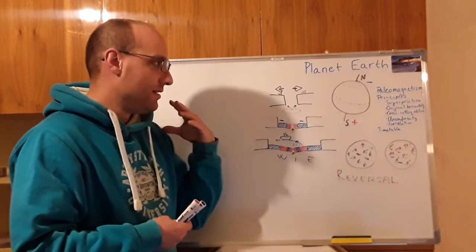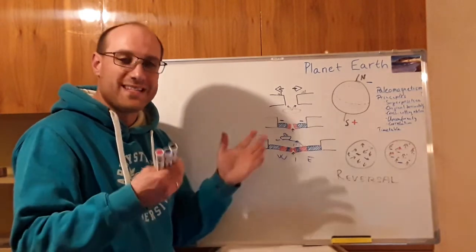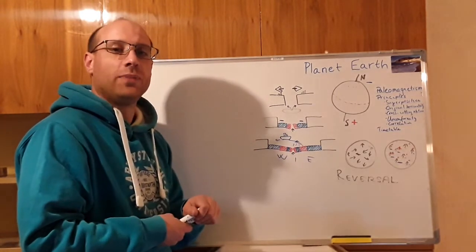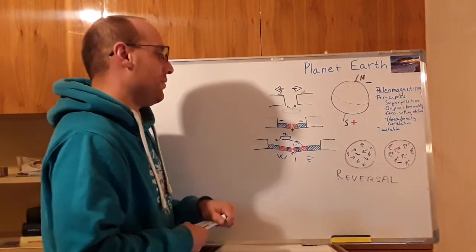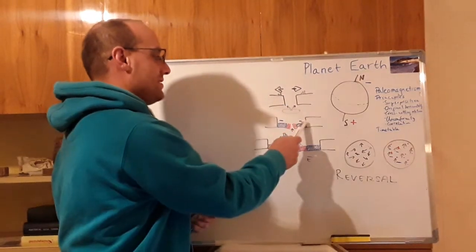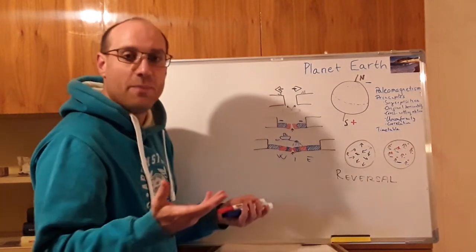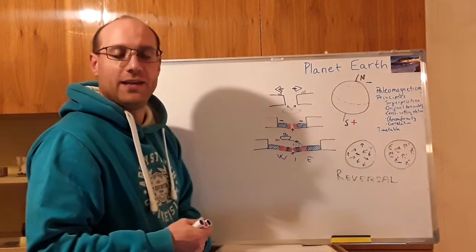So this is just to think about how this whole discipline or knowledge about plate tectonics developed with the help of paleomagnetism. That's why we have these negative and positive, like a battery, but we're not speaking here about a battery.